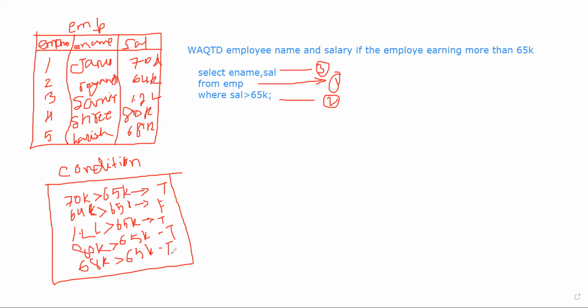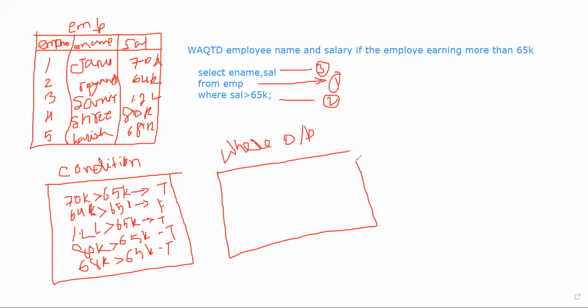4. This is the where condition output, right? Okay, 1, Janu, the employee name is Janu, right? Janu is 70K.